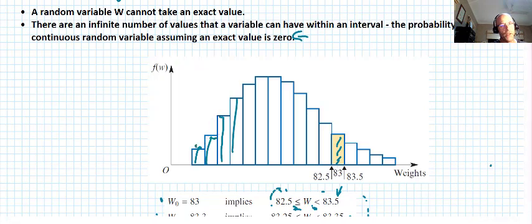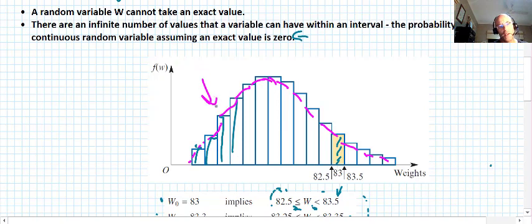Then eventually you could get a polygon, which, remember, is a sort of straight line graph that connects the midpoints of each of the histogram columns. As the columns get greater in number, and as they get narrower and narrower, this curve will approximate a smooth curve, and we'll have an area underneath.